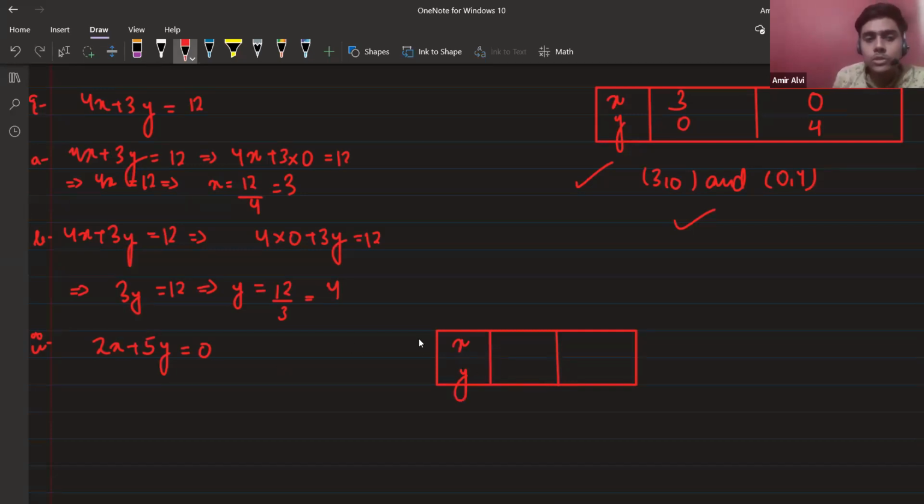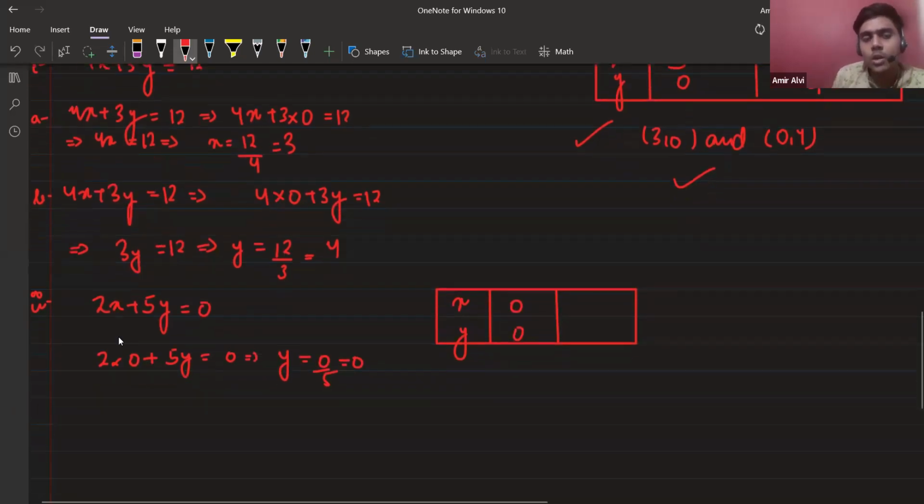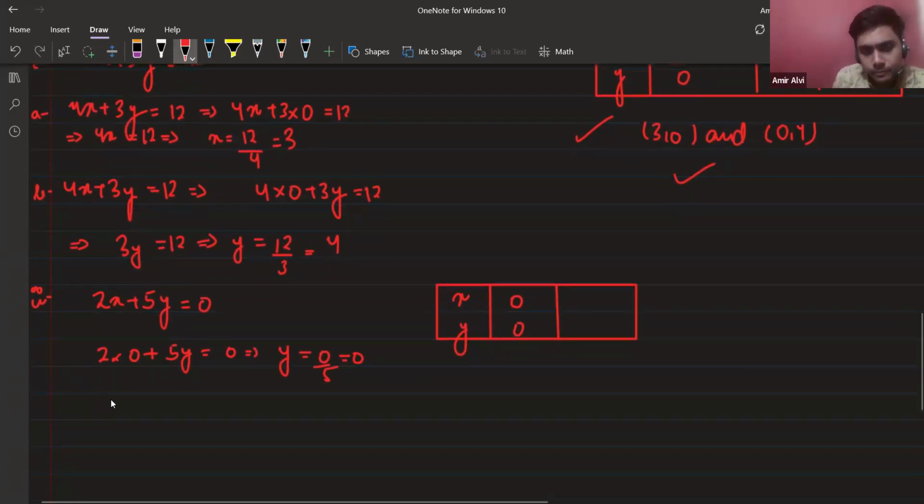Put x equals 0. So y will be equal to 0 by 5 basically, which is 0 as well, which means that y will be 0. If you have put x equals 0, you can also write just a second.